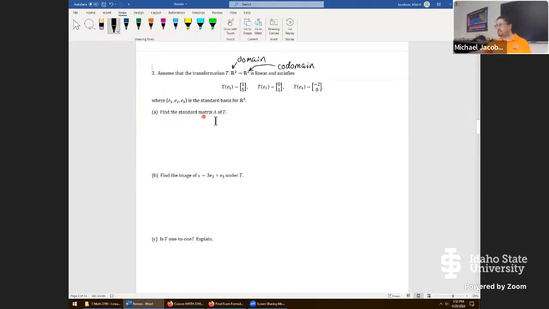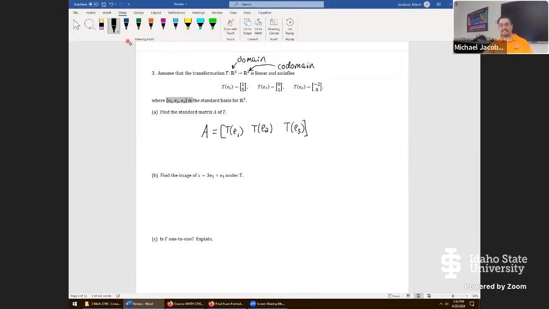And it says here, find the standard matrix A of T. Well, what they did give us was the standard basis. And if you know how T maps the standard basis vectors, then you know the standard matrix. You can just say A equals T of e1, T of e2, T of e3.